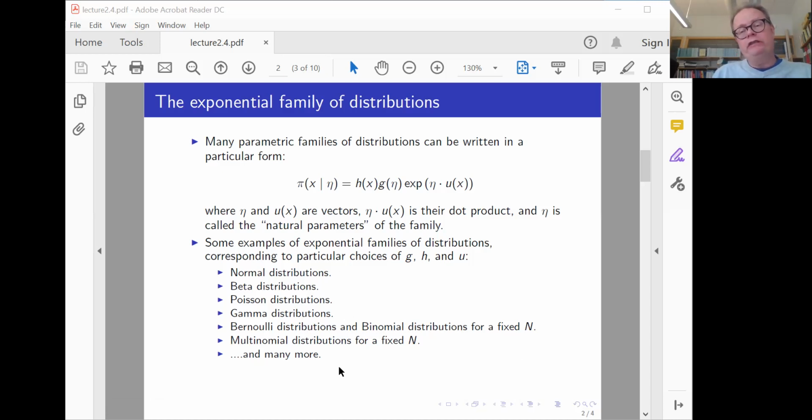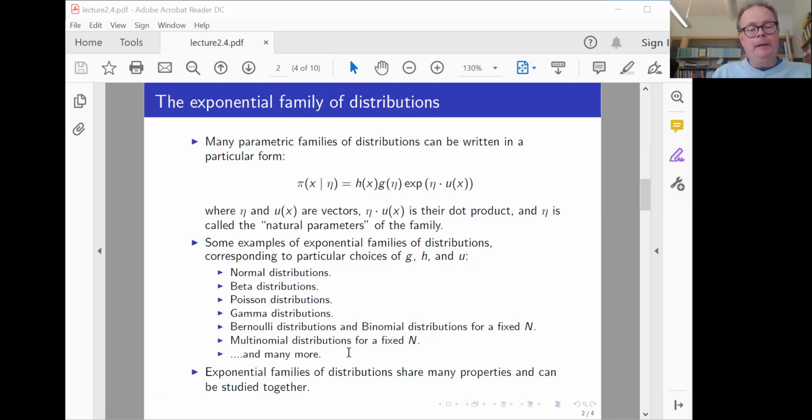So there's lots of examples of this. And exponential families of distributions share many properties and can be studied together. So this is nice. So before we go on, let's just look at one particular example.